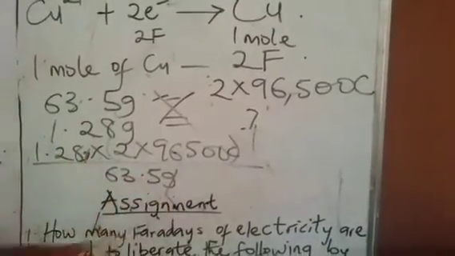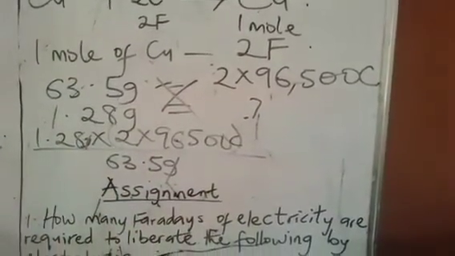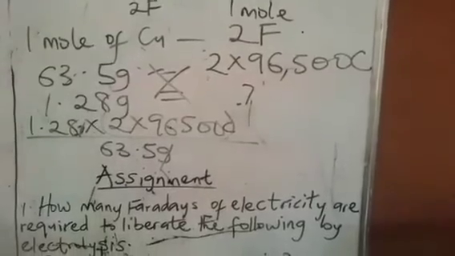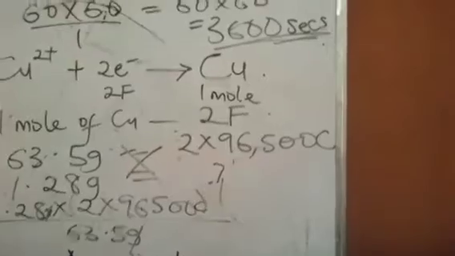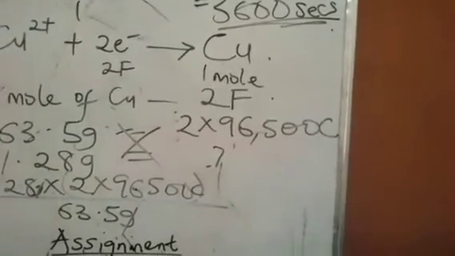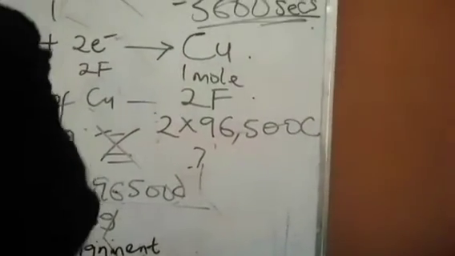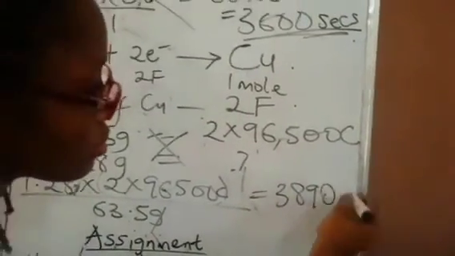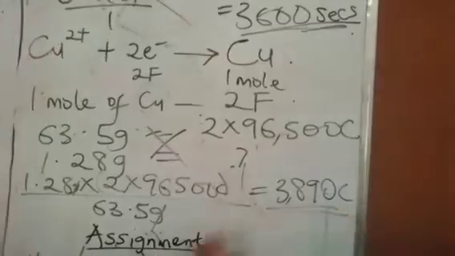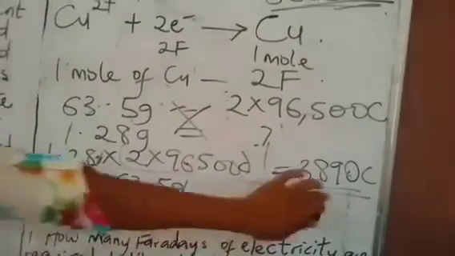This gram can cancel, and we just have our coulombs here. Definitely we have a value that will give us 3,890, that if you divide this properly, you have this value.